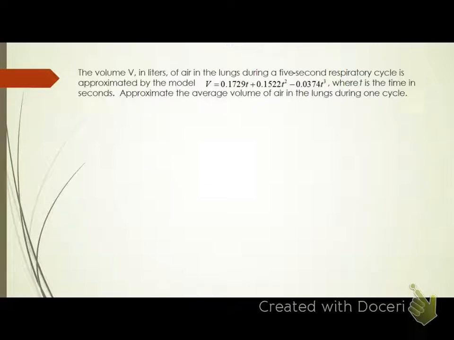1 over b minus a, the integral from 0 to 5 of that dt. Use your calculator, see if you can get it. So it should be this.